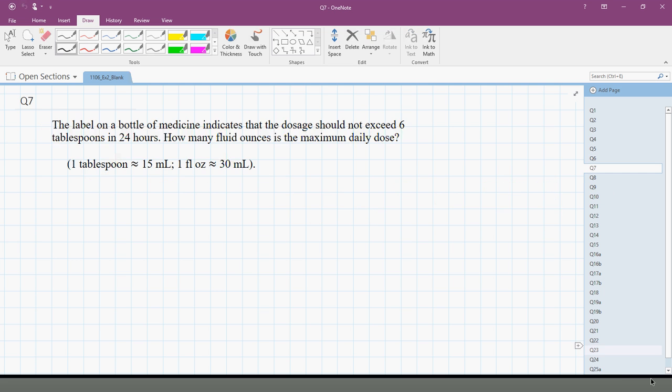All right. Number 7. Notice down here I give you 2 conversions. What's that going to tell you? If I give you 2 conversions, what am I giving you a big hint about what you're going to do? There's no millimeters up here. The L stands for liters, milliliters.